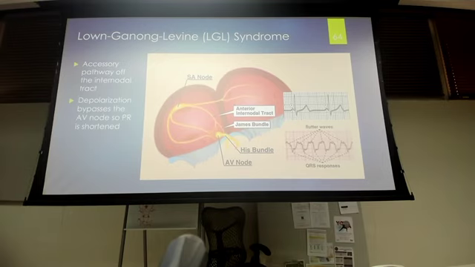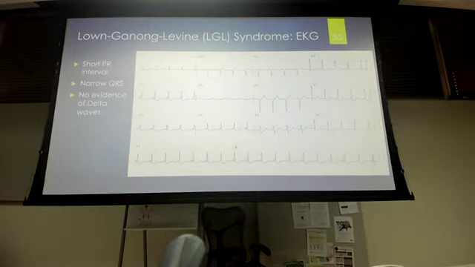So how this might present, remember, we're bypassing that AV node, so that's still going to affect the PR segment. The other thing is we do not have a delta wave. So short PR interval, yes.